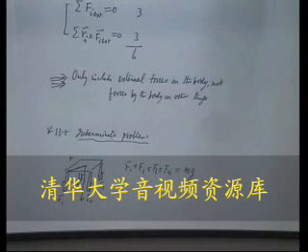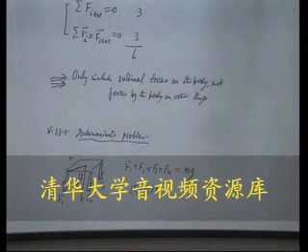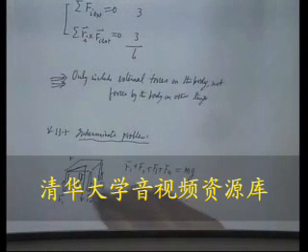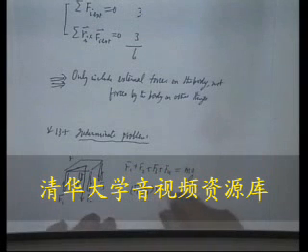Then F1 and F3: I claim F1 minus F3 times r is a torque in this direction, and that has to be equal to 0.